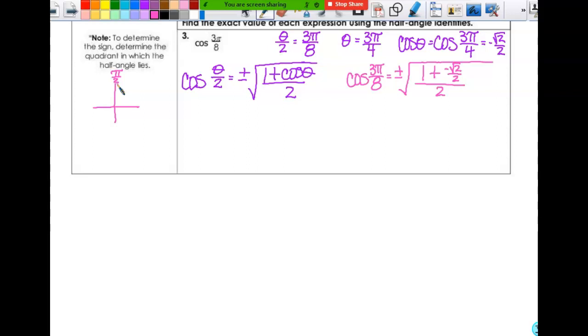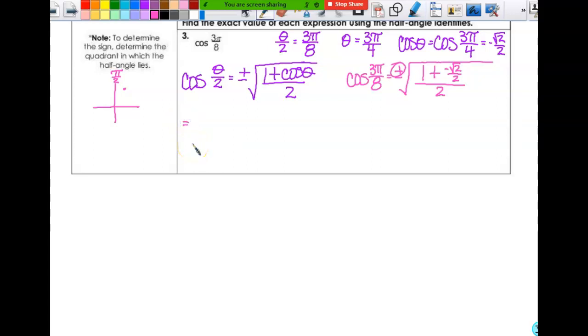Is 3/8 more or less than a half? Less. So that means I have to be in quadrant 1. Does that make sense? It's how you can reason around the circle. You don't have to know exactly where it is, but you know it's going to have to be in quadrant 1. And since it's in quadrant 1, it's going to be positive for sure, and then we don't have to worry about the plus or minus anymore. Okay? So then I'm going to keep going.